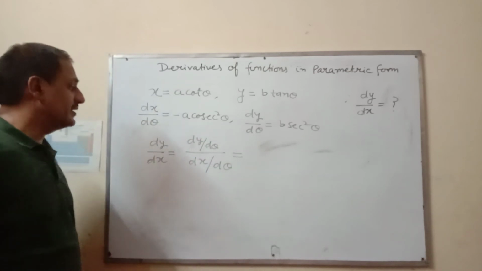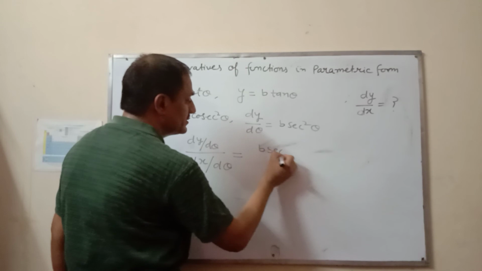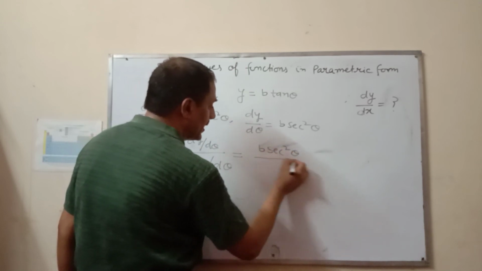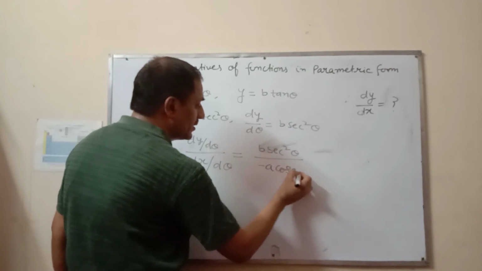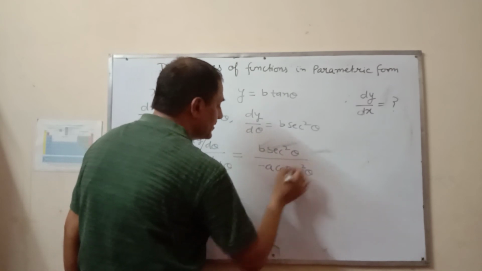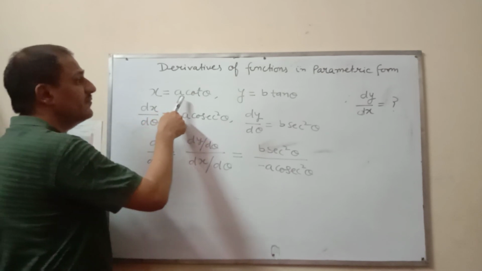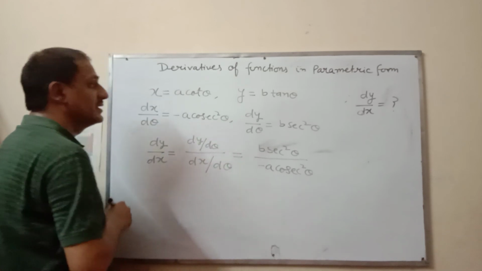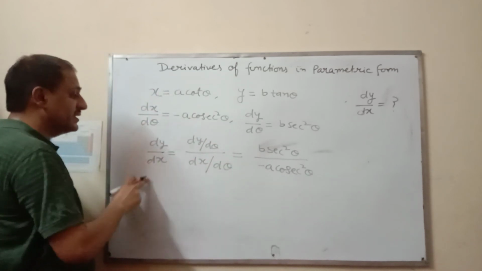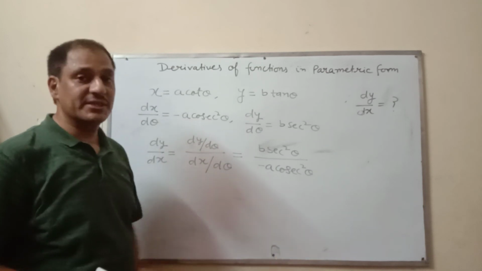The value of dy d theta is b sec square theta upon minus a cosec square theta. This is the derivative of this parametric function. Derivative of function in parametric form: x equal to a cot theta, y equal to b tan theta. The derivative of this function is equal to b sec square theta upon minus a cosec square theta.